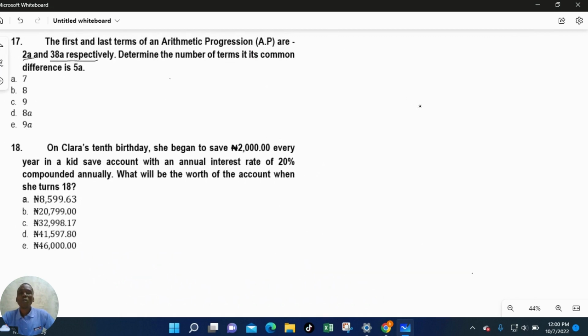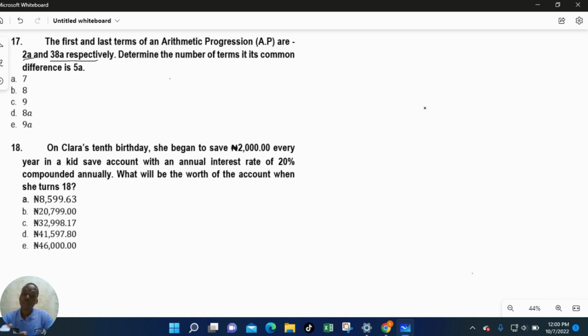Now, we want to look at the logical reasoning you must follow when solving any question that has to do with calculation. The first thing you ask yourself is, what are the parameters that are given to me? In this question, the parameters given are the first term, the last term, and the common difference. The next question you ask yourself is, what am I asked to look for?